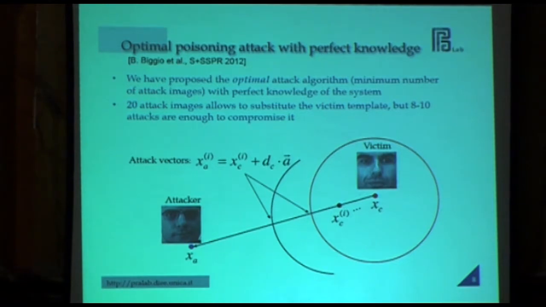In this case, we have shown that on average, 20 attack images, so 20 trials of the attacker, are enough to substitute completely your template with his template. But about 8 to 10 trials of the attacker are enough to compromise the templates. Compromise means that your template cannot be used anymore because the false acceptance rate becomes too high and the genuine acceptance rate becomes too low.